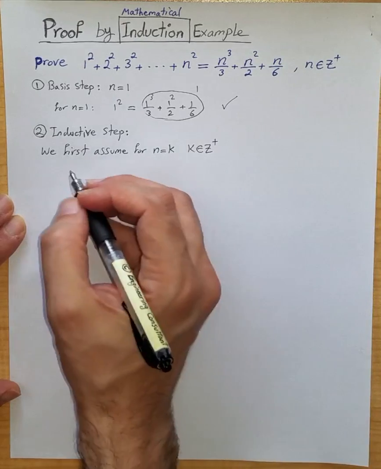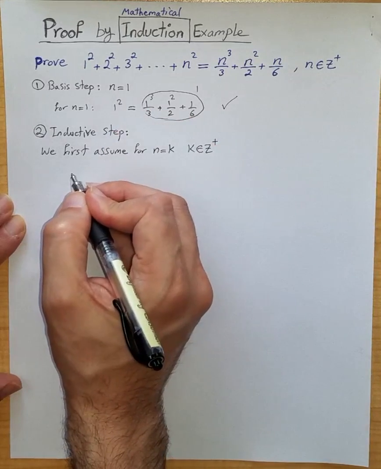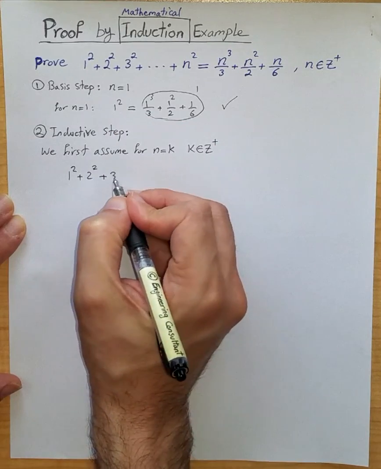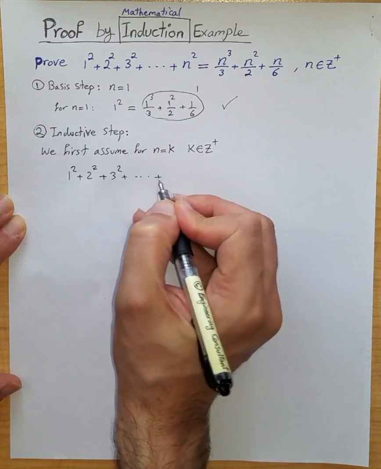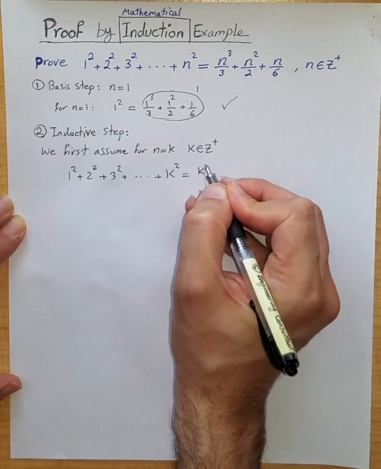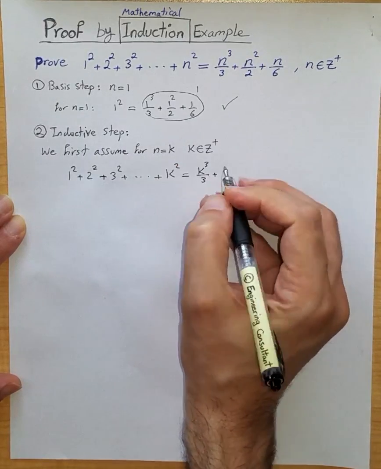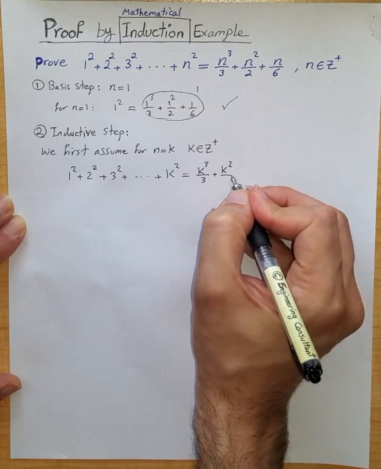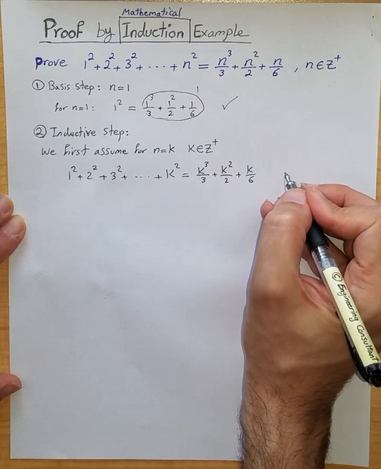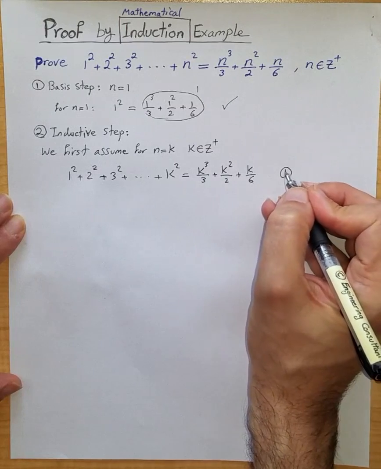So what we can write is 1 squared plus 2 squared plus 3 squared plus up to k squared is equal to k cubed divided by 3 plus k squared divided by 2 plus k divided by 6. Let's name this equation 1 or equation A.